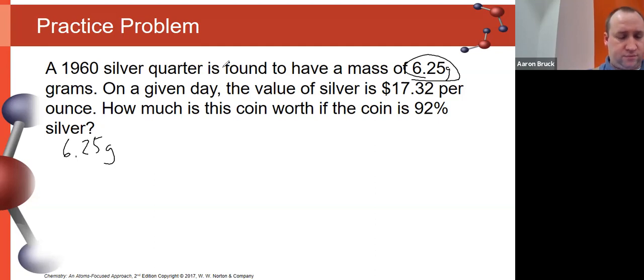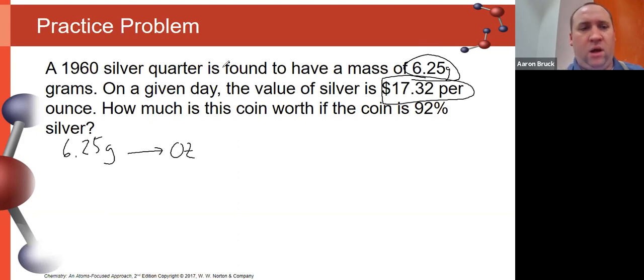Now, where we go from here, we've got multiple places that we have to look. First of all, we need to turn this grams into ounces. So that will give us our ounces for this part where we talk about how much money it's worth.